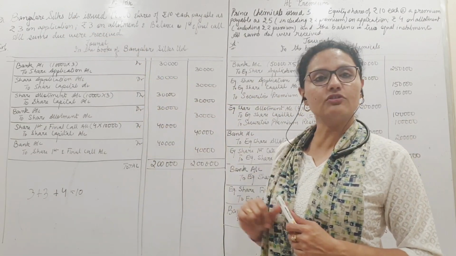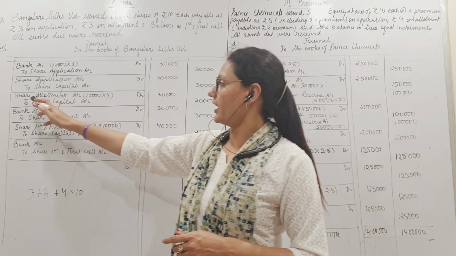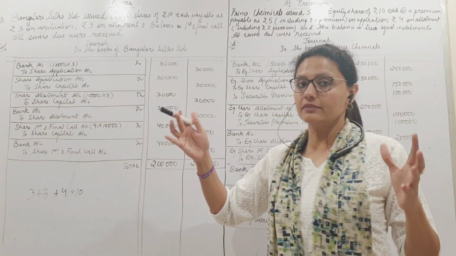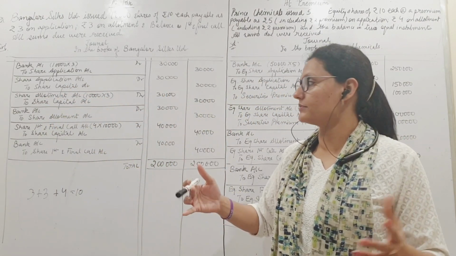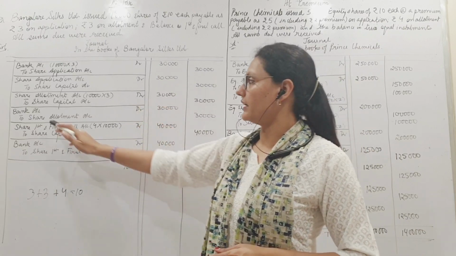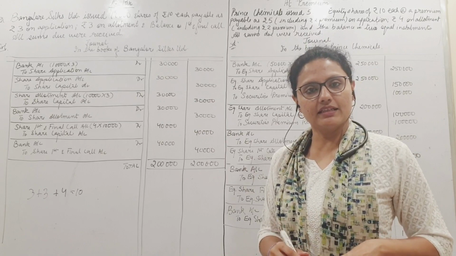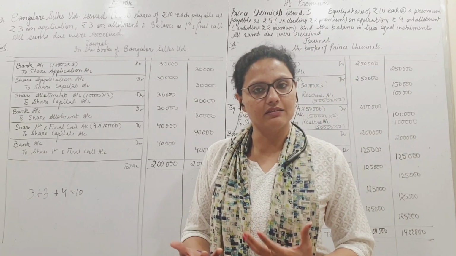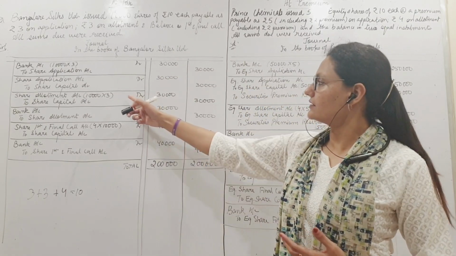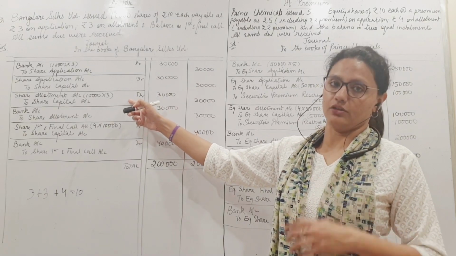So again 30,000 rupees I have to receive. So I debit share allotment. This is the income to be received, right? This is the capital received that I am supposed to get. 30,000 debit to share capital. Basically, my share capital should increase with 30,000, right?